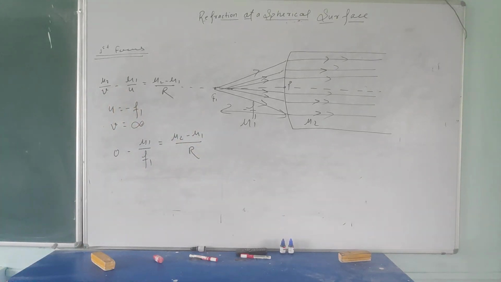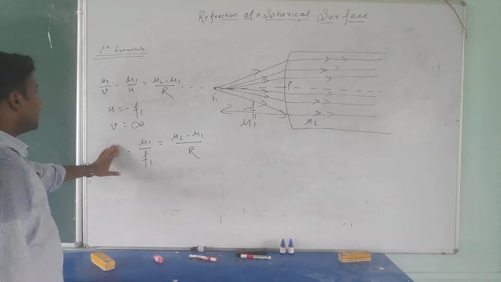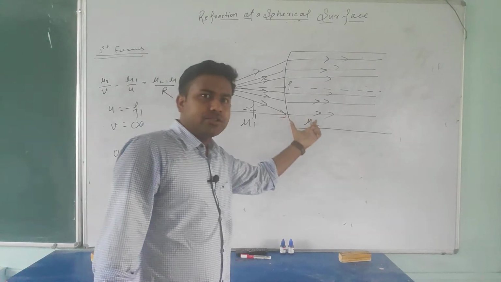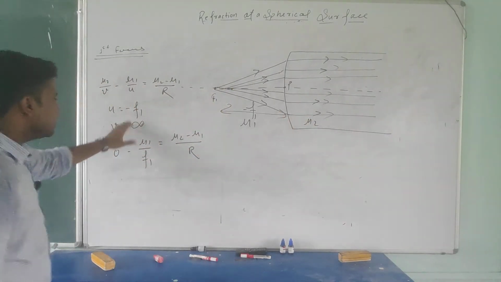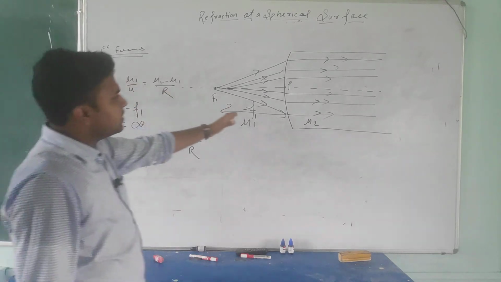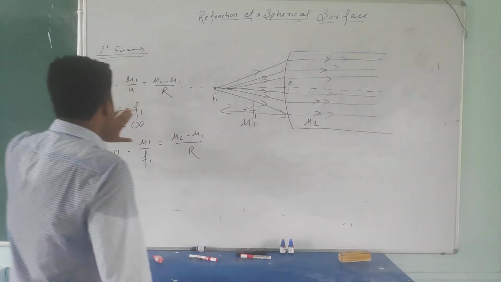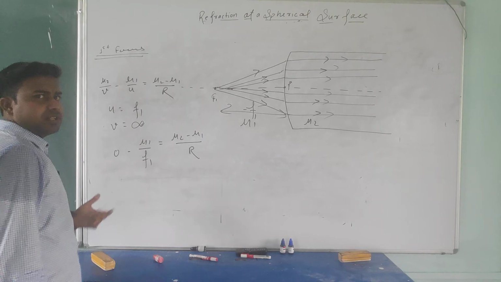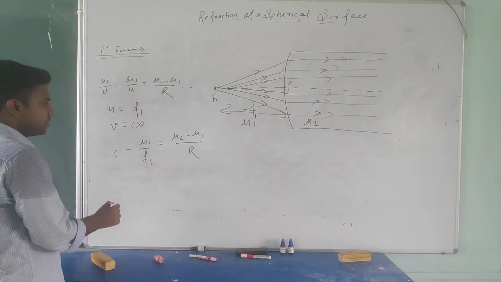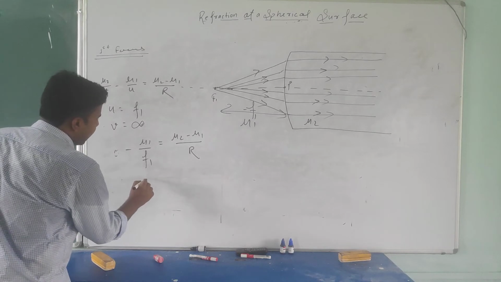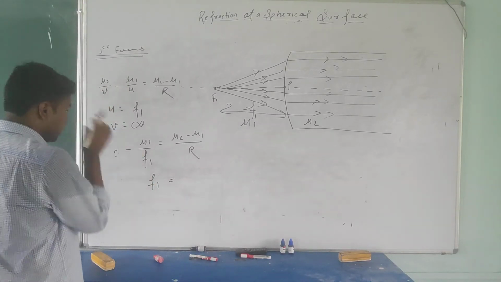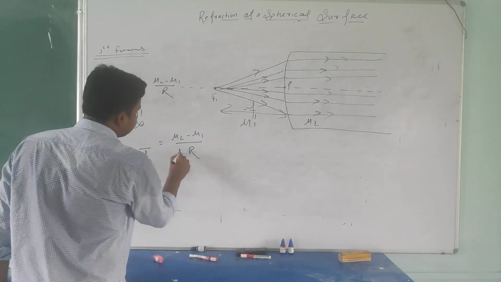Okay student, now look at this. If you are putting the sign here, then you will get the magnitude. Like if we are not putting the sign, in this case we know it, that's why we are putting it. But if you do not know this sign, then also you will get the correct answer. Then it will be negative. So you can write F1 equal to what? From here you can write mu1, multiplying this side.